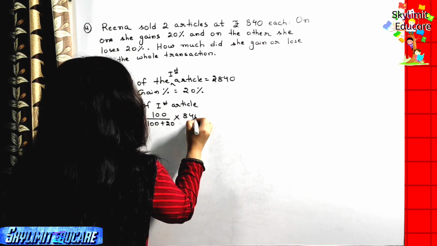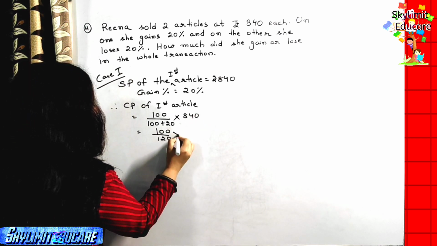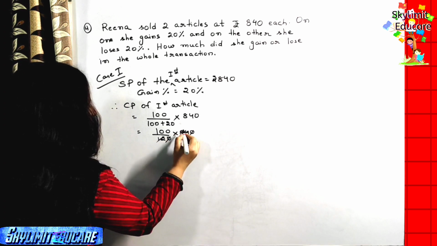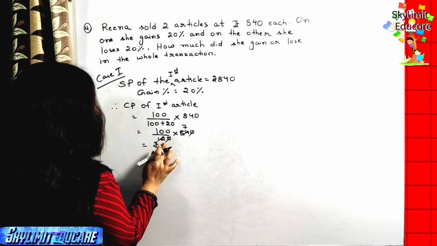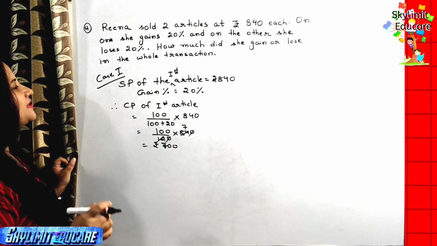So it's 100 by 120 multiplied by 840, so 12 7s are 84. So what is the cost price? Rupees 700. Rupees 700 is the cost price of the first article.